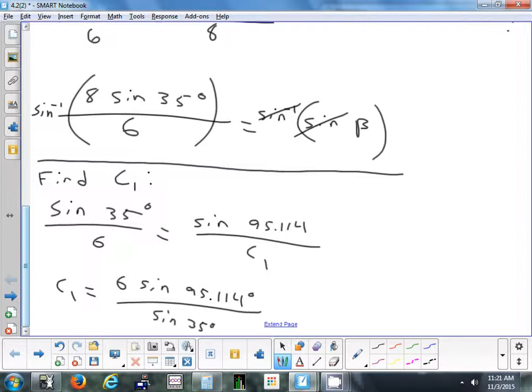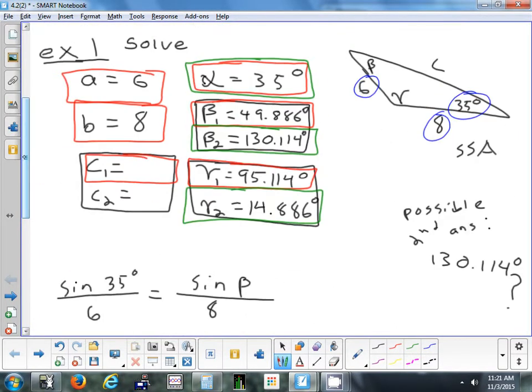All right, thank you. And now our last step, we need C2. Which angle am I going to use to find C2? Yeah, 14.886. Everything in the green boxes, that's the green triangle.